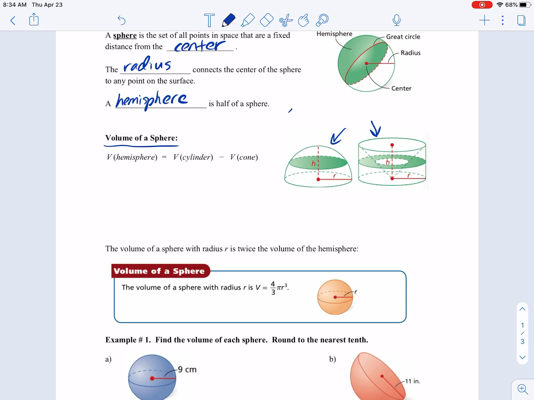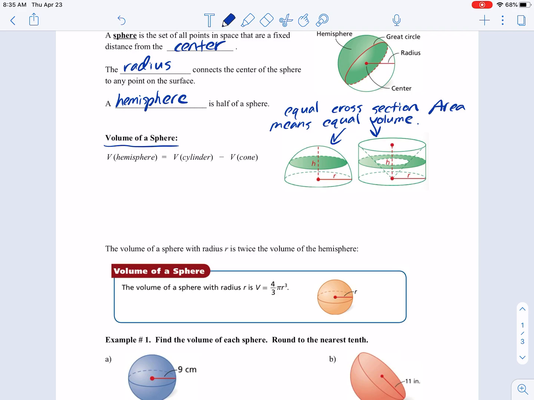So equal cross-section area means that the two solids have an equal volume.